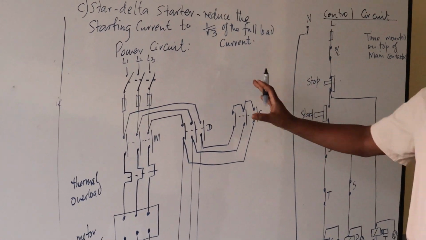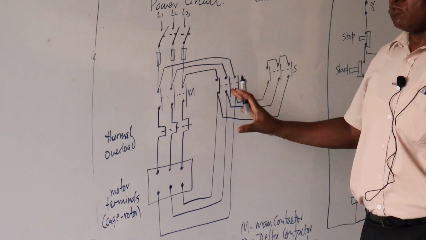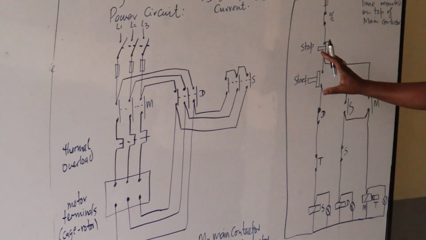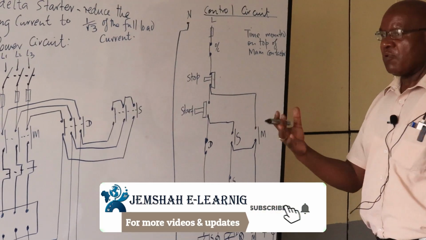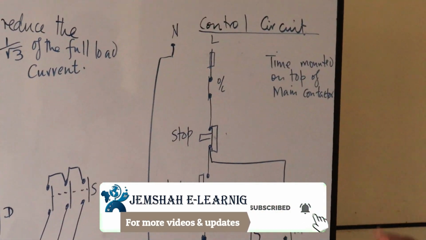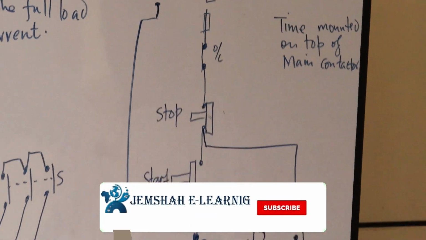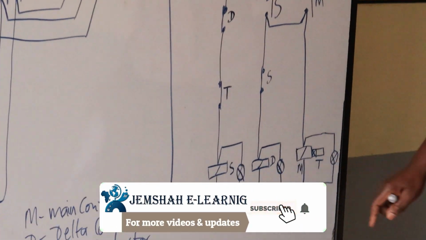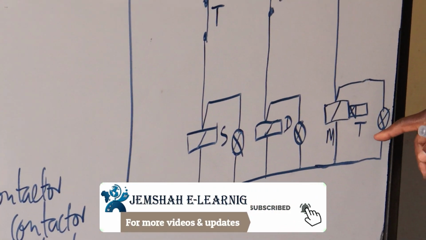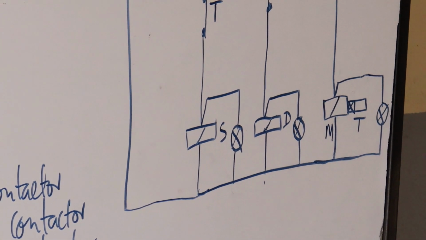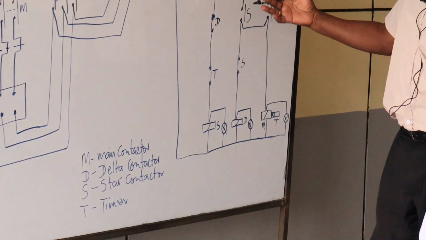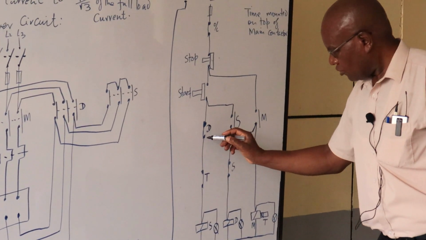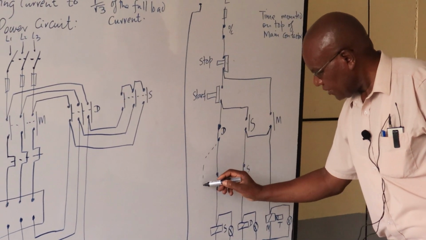Now, the power circuits is more or less universal, but when it comes to the control circuits, normally you design it according to the components you have. As you can see here, my timer I've mounted on top of the main contactor is the one which is mechanically actuated. I said you can have a timer which is standalone, in which case that one will be connected somewhere here.